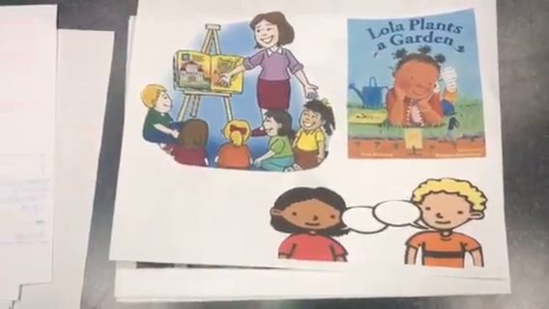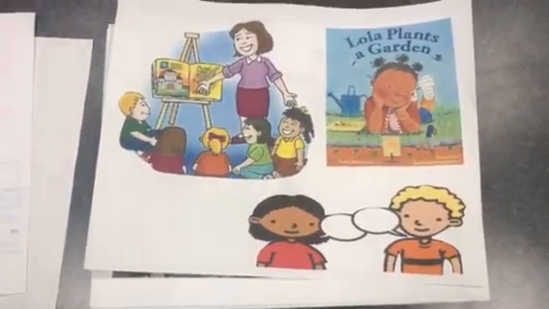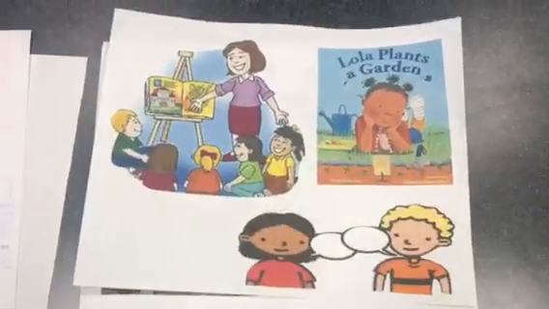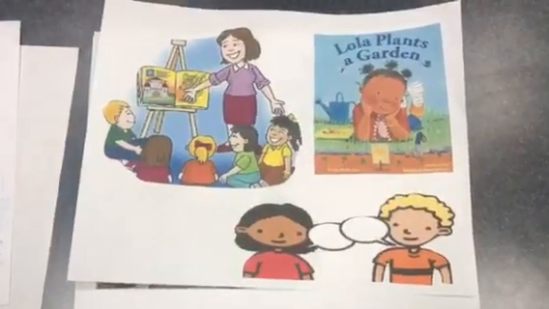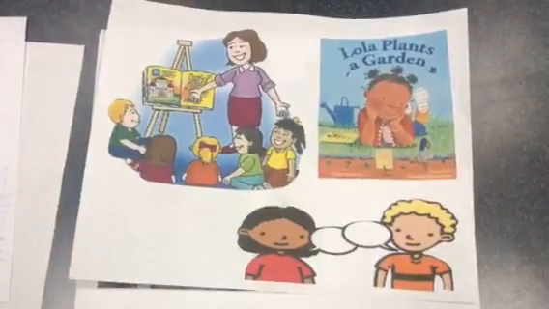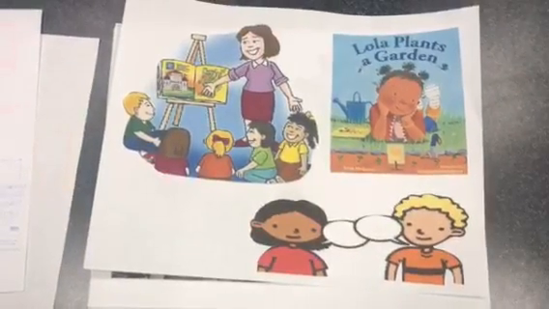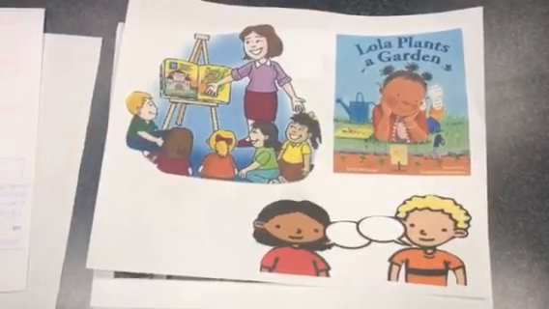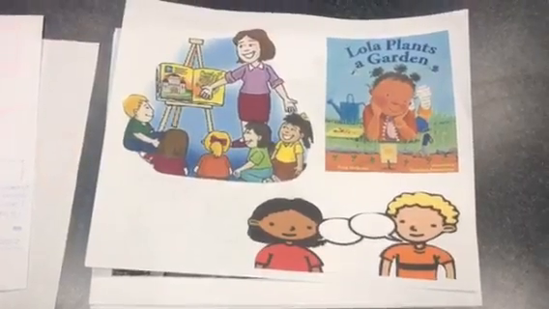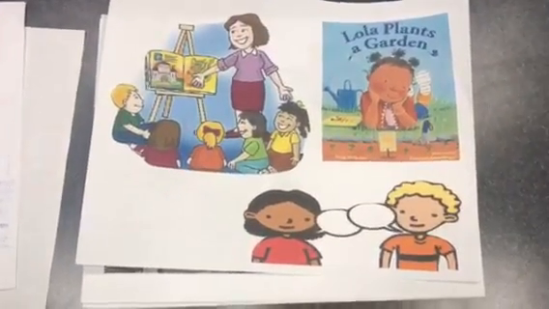A constructivist teacher would read the book and stop and share her own thinking aloud. Reading this part about hard dirt reminds me of trying to plant bulbs last year. I couldn't dig very deep because the ground was frozen. The teacher shows how reading poetry connects to her prior knowledge and makes her visualize.